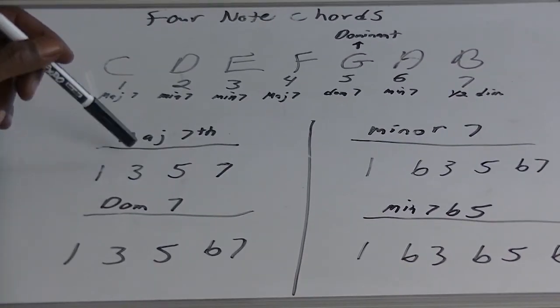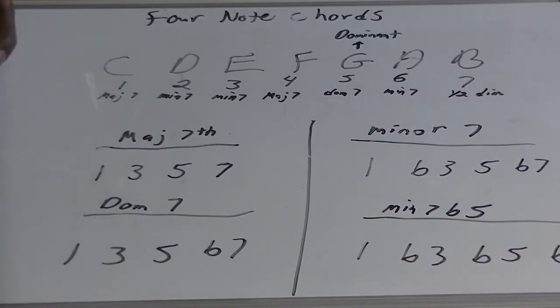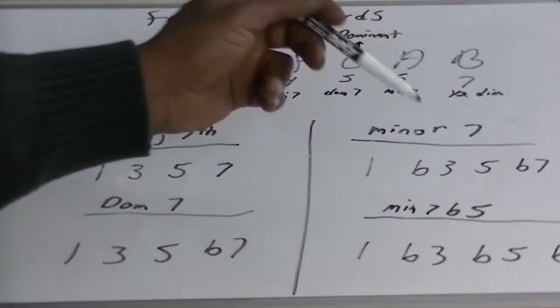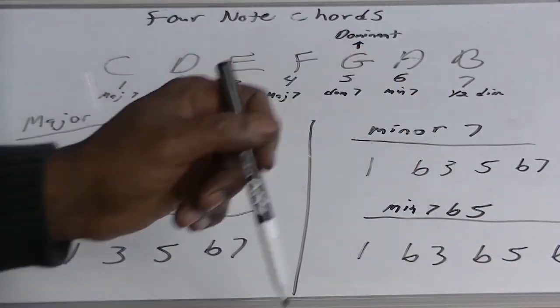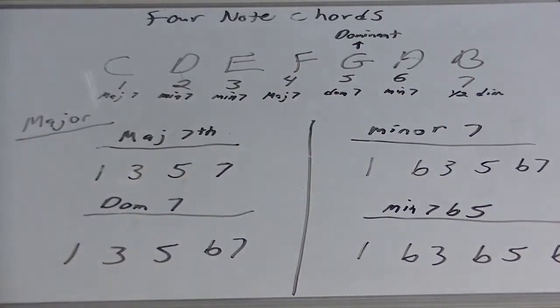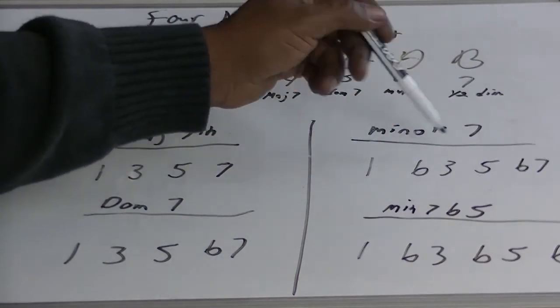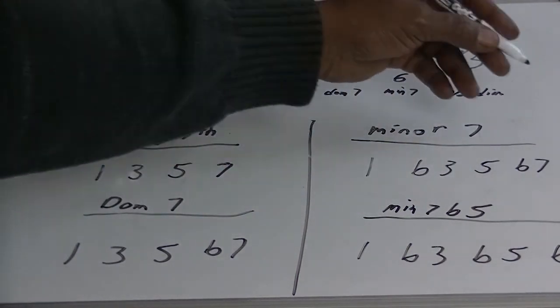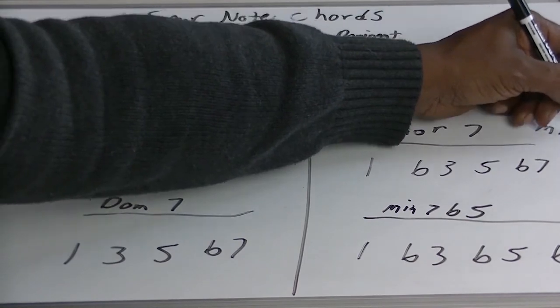The major 7th and the dominant 7th chords are built upon the major triad, so these chords are major in nature. And the minor 7 is built upon the minor triad, and the minor 7 flat 5 chord is built on a diminished triad. But I like to see the diminished triad as an alteration of the minor triad, so these chords are minor in nature.